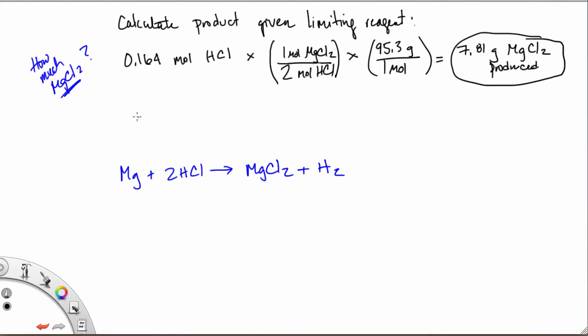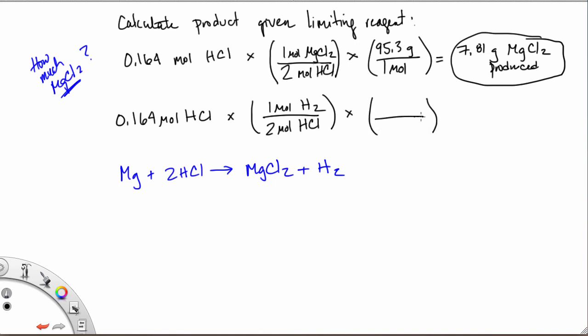Okay, I can also figure out how much hydrogen is being made from my limiting reagent of hydrochloric acid. So I have 0.164 moles of HCl again. I want to find out how much hydrogen is being made. So I'm looking down here for my mole ratio. I have 1 mole of H2 for every 2 moles of HCl. And now I need to find grams.